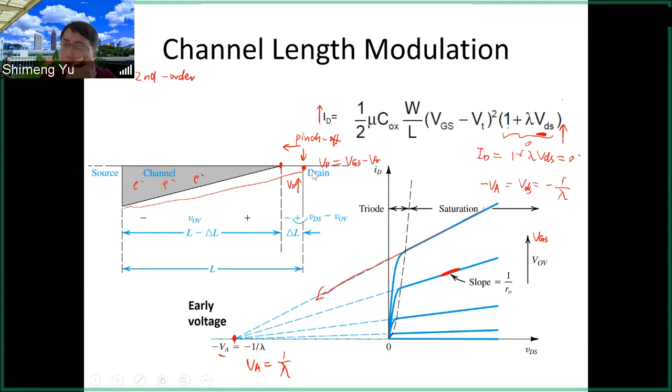In this simplified model, the assumption is that the electrons move so fast that once one reaches this point, it is immediately swept into the drain. In other words, the assumption is that the velocity of the electron approaches infinity.